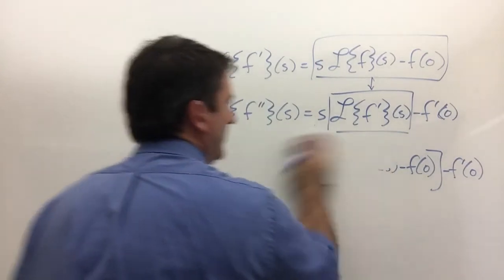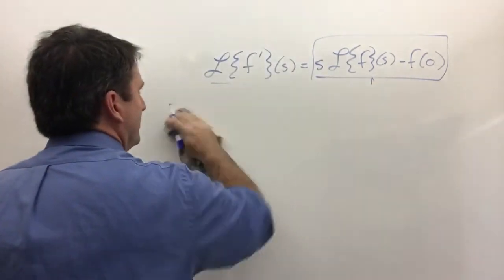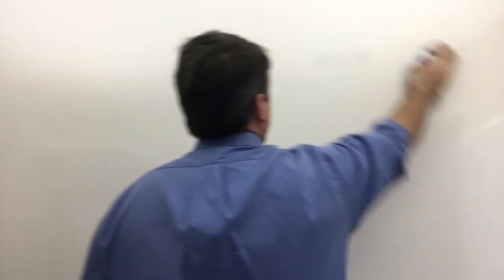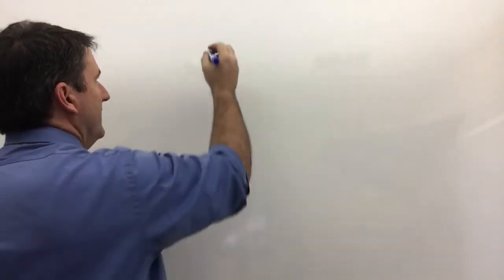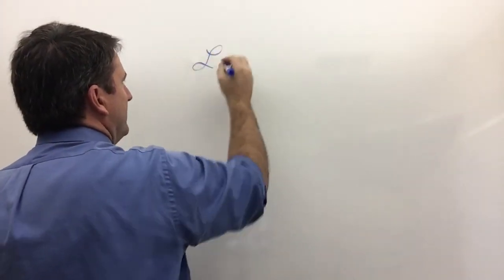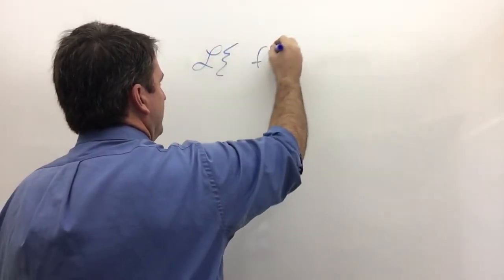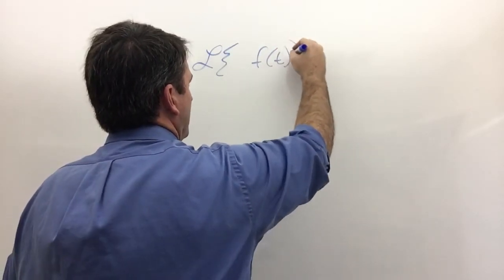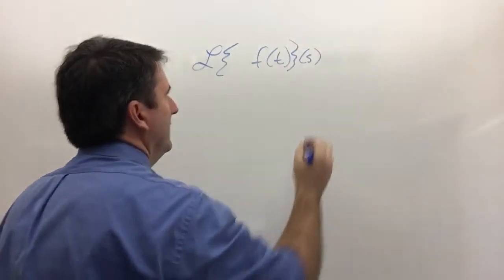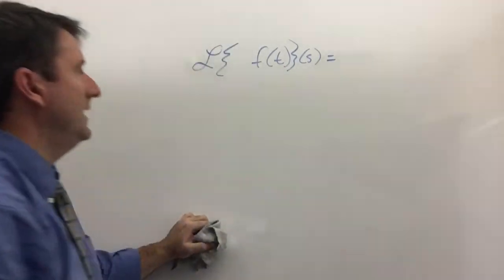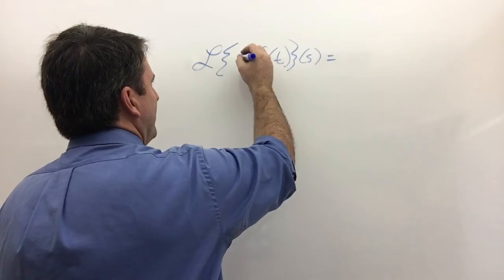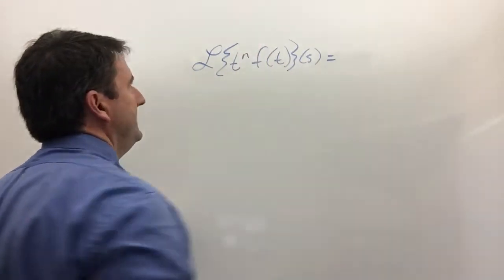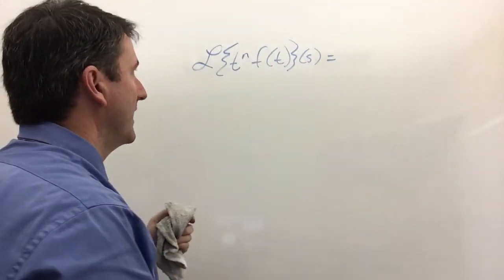All right, so moving on to our third property. That was the Laplace transform of a derivative. Now the derivatives of a Laplace transform. So let's say we've got a Laplace transform of a function that we know. And now we're going to multiply that function by t to the nth power.